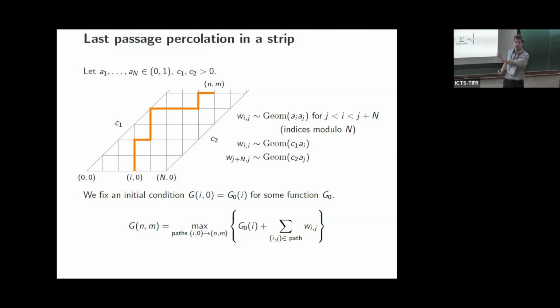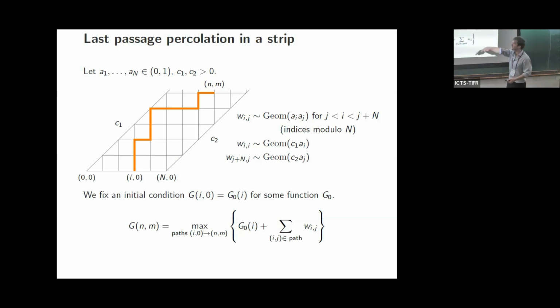Now, earlier, I was defining last passage percolation times as maximum of a path that starts from a corner and arrives somewhere. I want to slightly generalize the problem by assuming that the paths start from somewhere on the bottom row, coordinate I0, and at I0, the last passage percolation time is already something, given by some function G0 of I. So I start with some initial distribution of my last passage times on the first row.